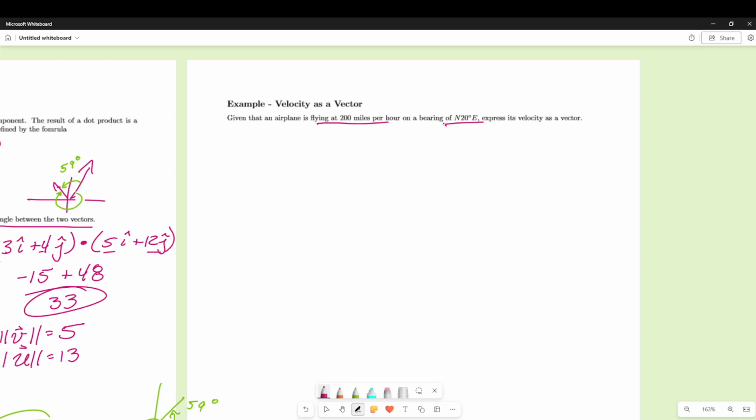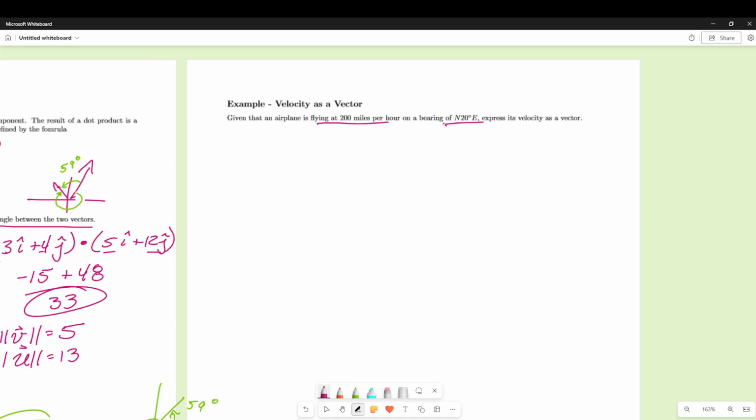So if it's flying at 200 miles an hour from its instruments, but there's a tailwind that's pushing the airplane at 50 miles an hour, then the plane might think it's going 200 miles an hour, but it's actually moving with respect to the ground at 250 miles per hour.